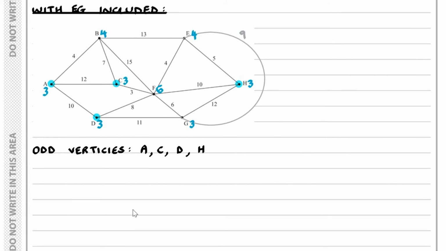And now what we can do is find out the pairings. So with the pairings, we could have AC to DH. We could have AD and CH. Or we could have AH and CD.